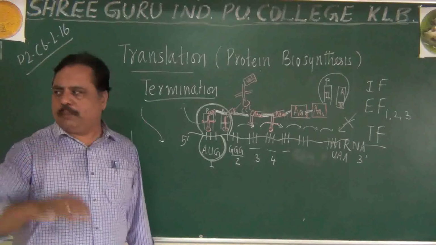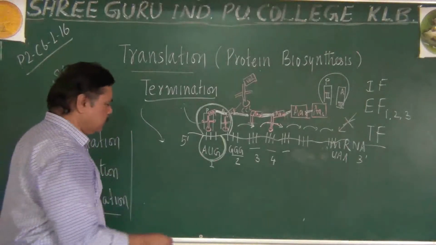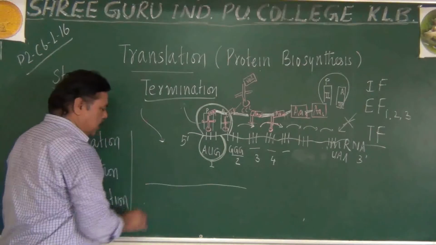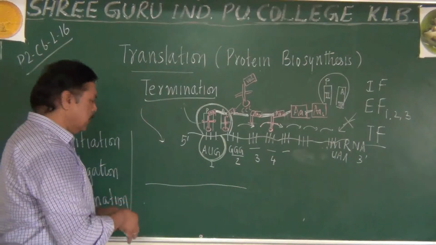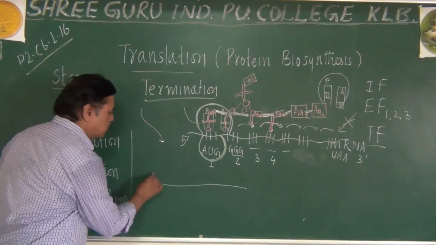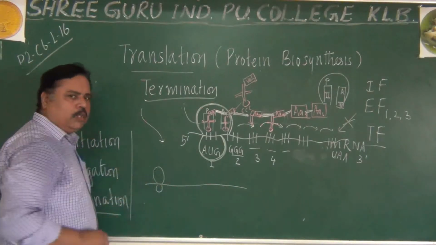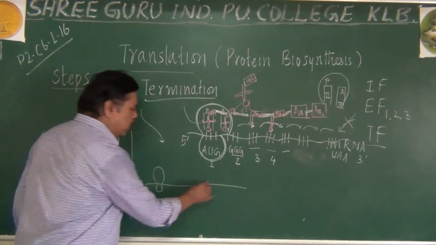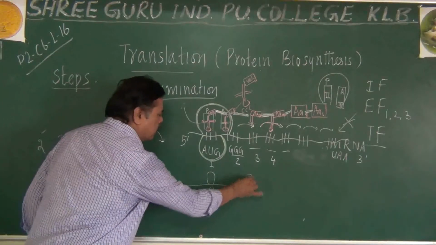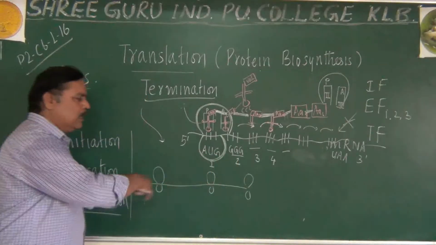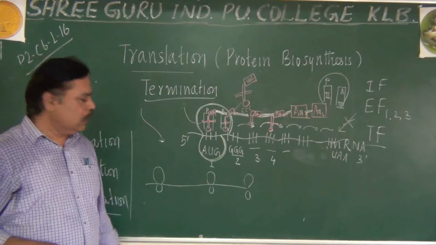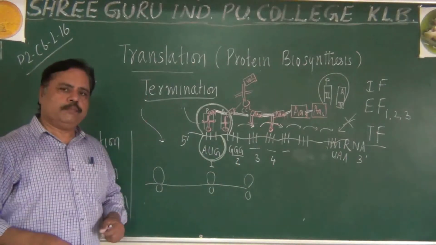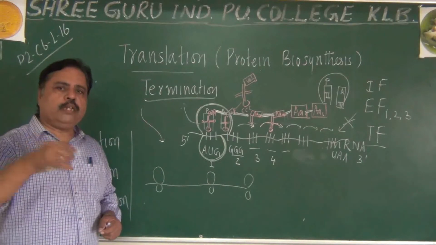So at a specific point, there will be one mRNA which will have many ribosomes on it. Here one ribosome, after some 20 codons another ribosome, another 20, another ribosome, like that they will be joined. So one mRNA carrying many ribosomes.